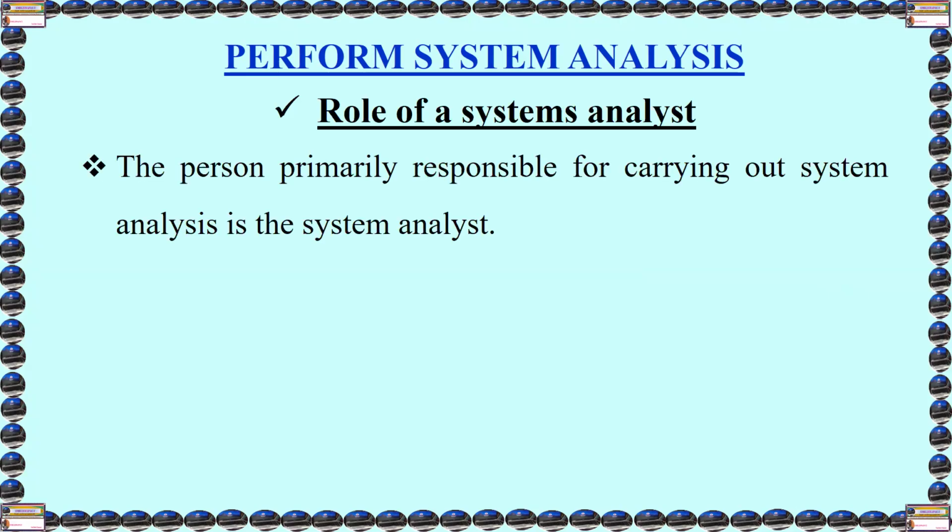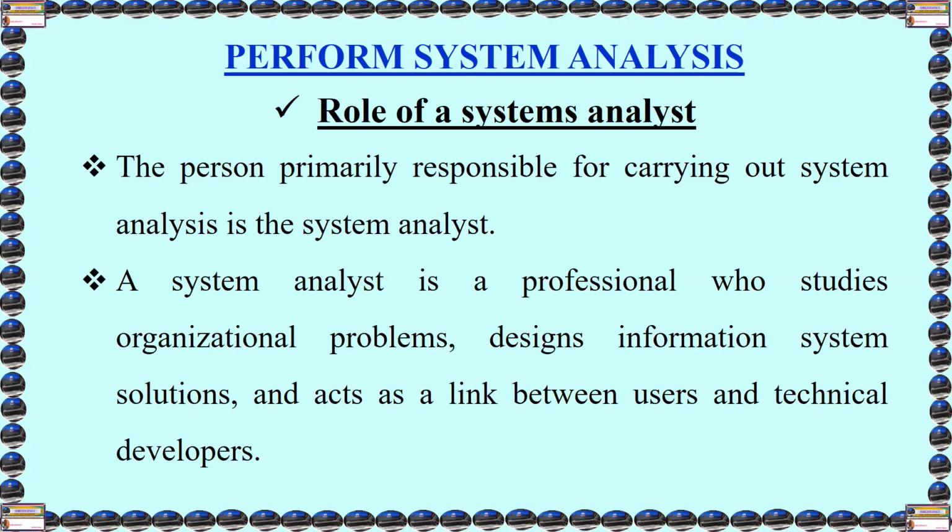So, what is the primary responsibility of a systems analyst? The primary responsibility of the person who we call systems analyst is to be responsible for carrying out system analysis. And therefore, a system analyst is a professional who studies organizational problems, designs information system solutions, and acts as a link between the users and technical developers.